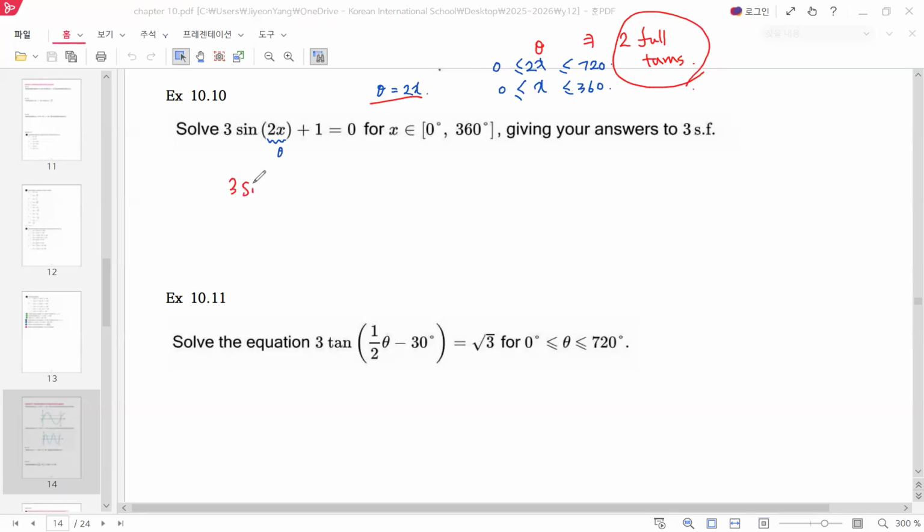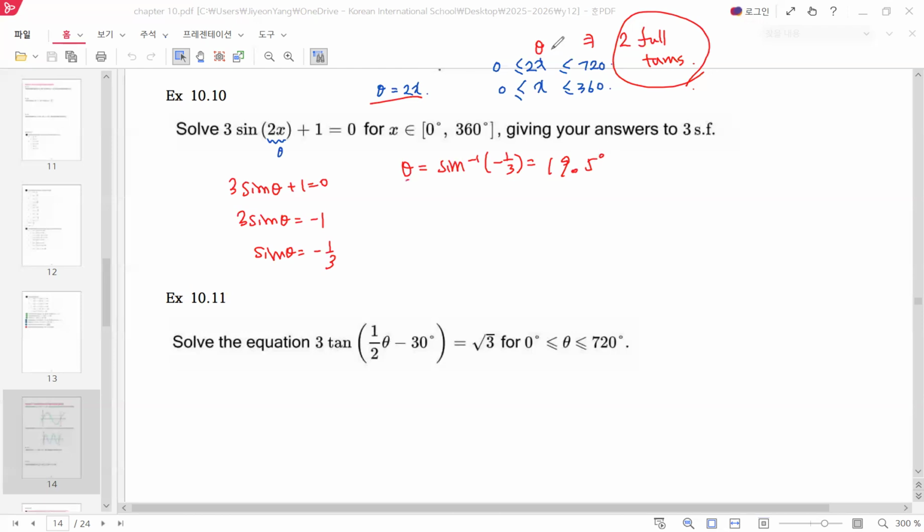Okay, 3 sine theta plus 1 equals 0. 3 sine theta equals negative 1. Therefore, sine theta equals negative 1 over 3. So you can find theta by using inverse function. Sine inverse of negative 1 over 3 equals 19.5 degrees.